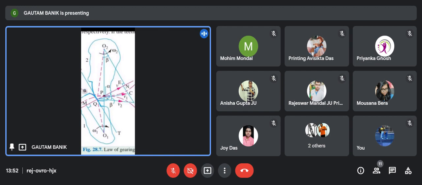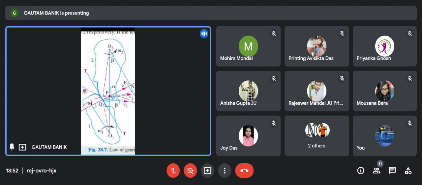Total effective velocity: V1 is the velocity of the driver blank, perpendicular to the radius of the driver, and V2 is the velocity of the follower, and the resultant velocity must pass through the point Q in the normal direction to the pitch.